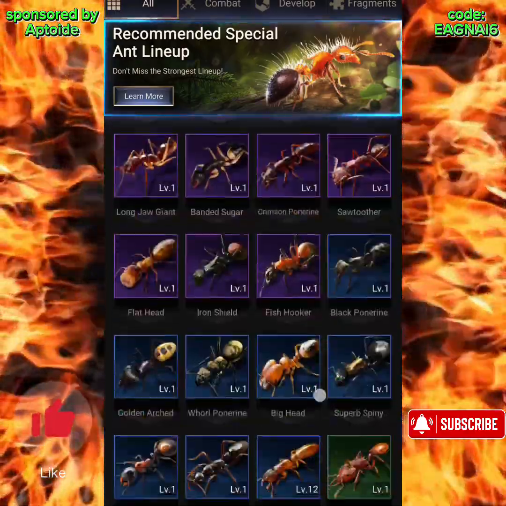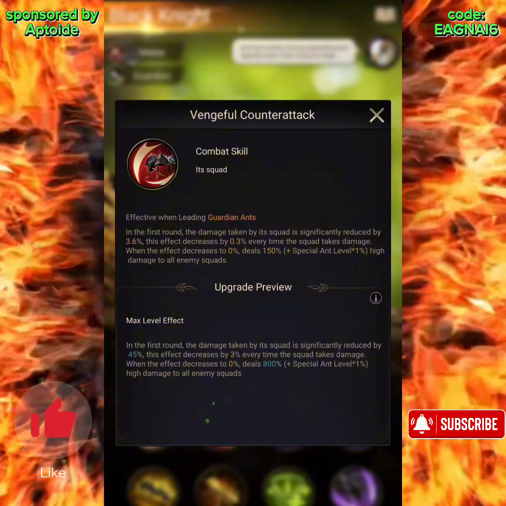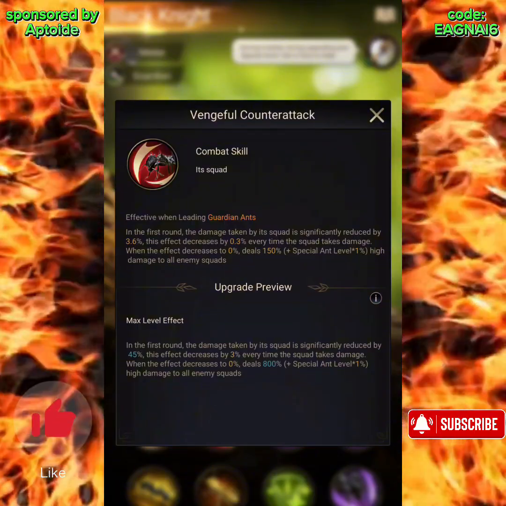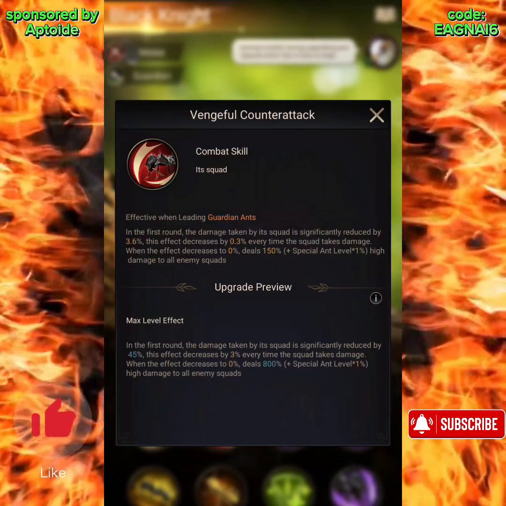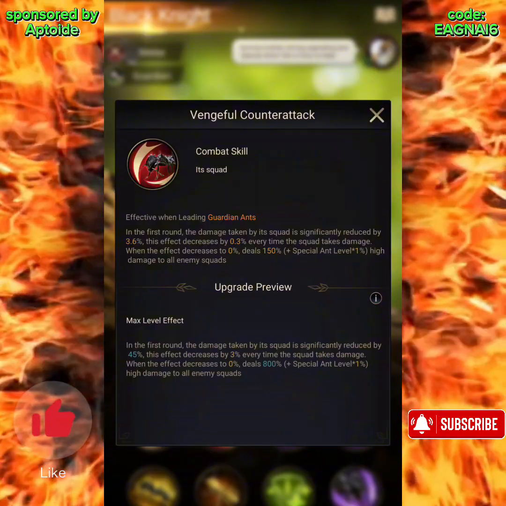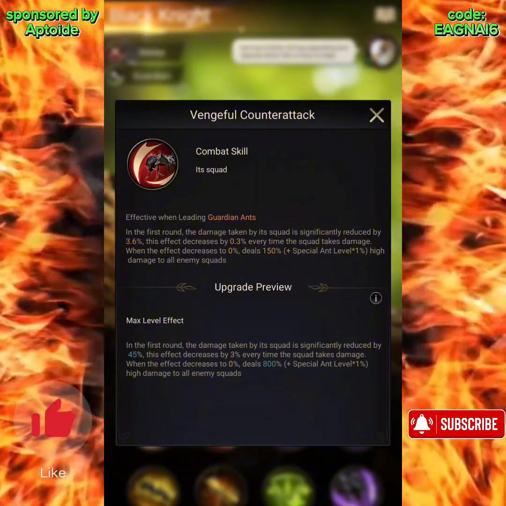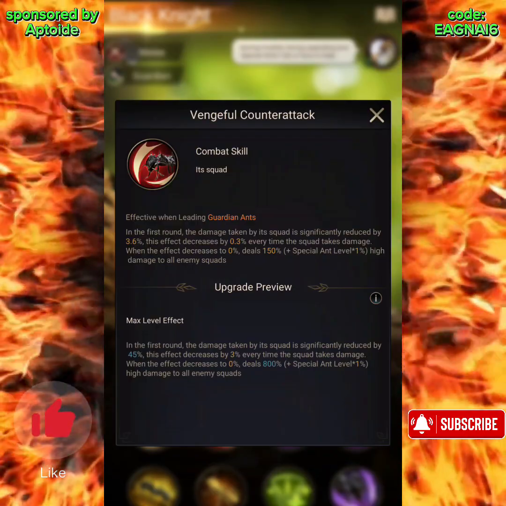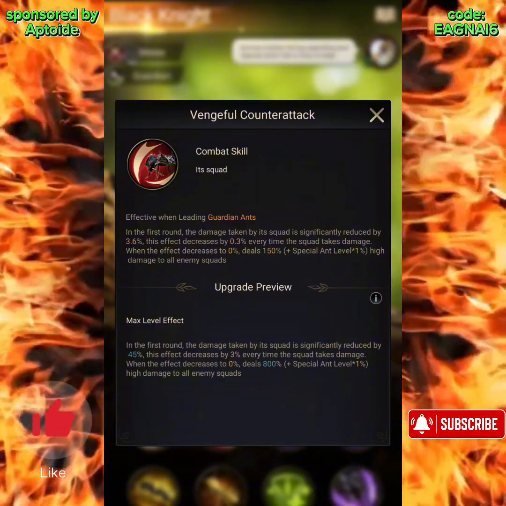There's a big reason behind that, because for me, I'm looking at survivability in the hit. Whereas if you look at the Black Knight, skill 2 is a very good indication of what I'm trying to say. The damage taken by a squad is significantly reduced by 45%. Okay, so that is survivability right there, right? The effect decreases by 3% every time the squad takes damage.